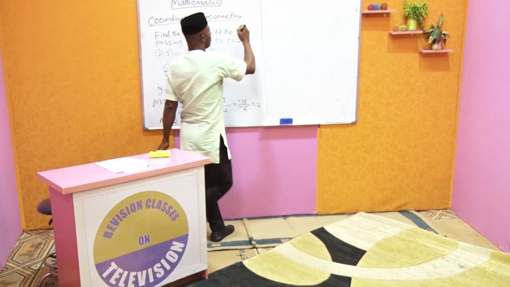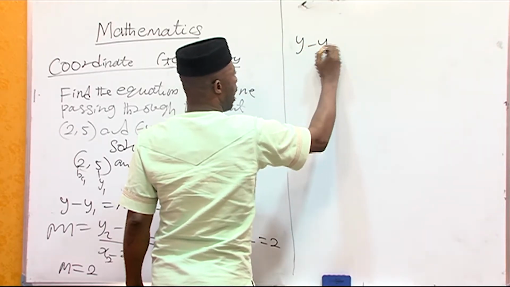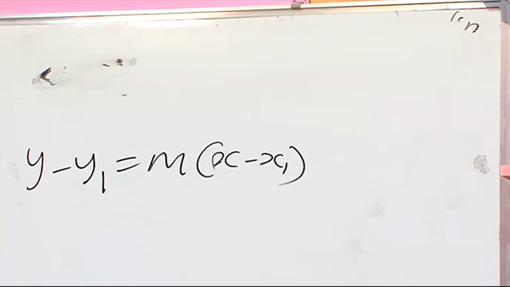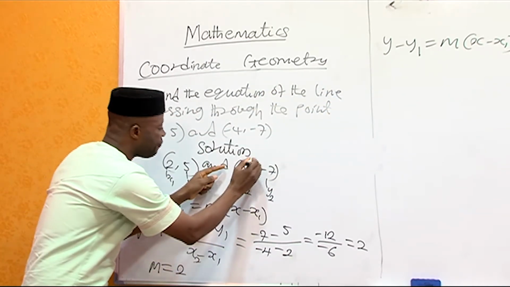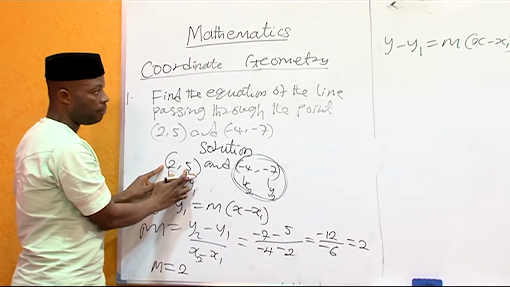Now the equation of a straight line: y minus y1 equals m bracket x minus x1. Now y is not given. We are not using the second coordinate; we are using the first coordinate.